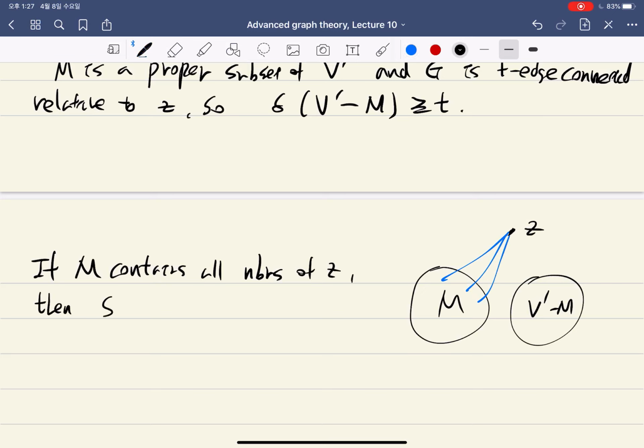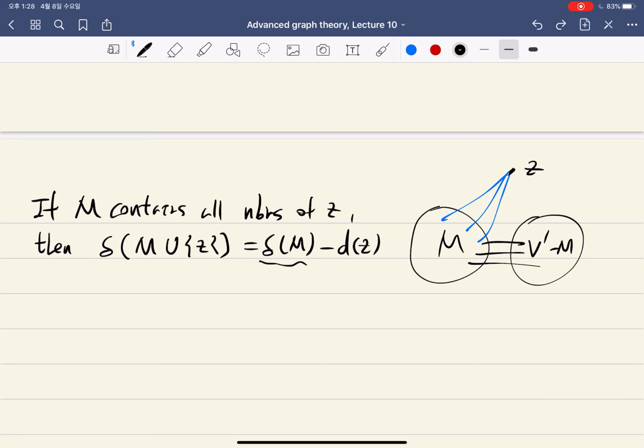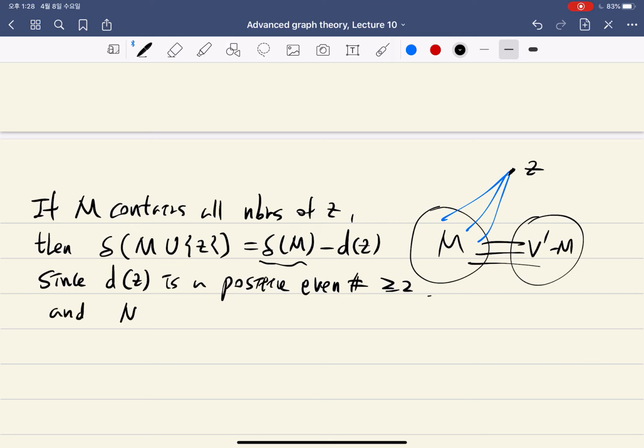Then the number of edges leaving M union G is the number of edges leaving M minus the number of edges to G. So delta of M counts all these edges, but now it only counts these edges. And since we know that this dg is a positive even number, at least 2, and M is dangerous.